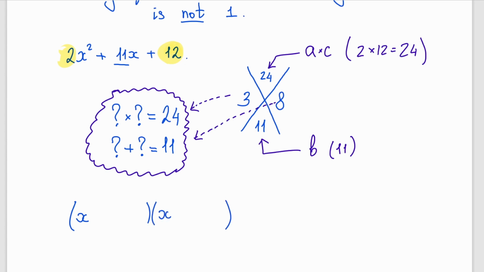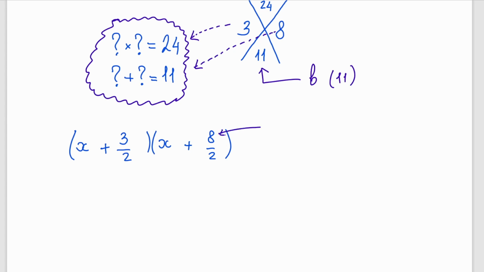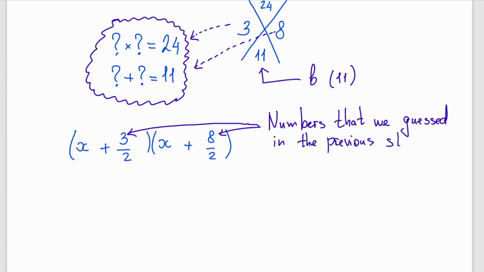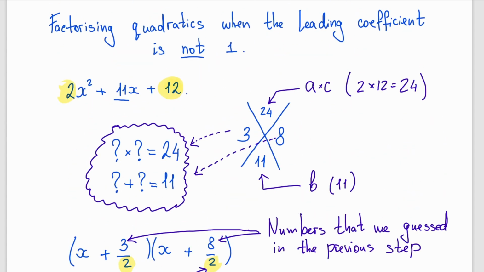And then in each bracket, I'll put a number that we got previously, 3 and 8, divided by a, or in our case, it's 2. So 3 and 8 are the numbers that we guessed previously. And 2 is the number that is attached to x squared in our original quadratic expression.